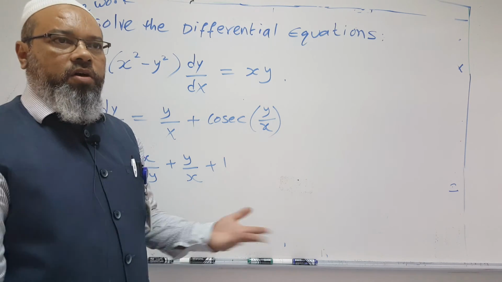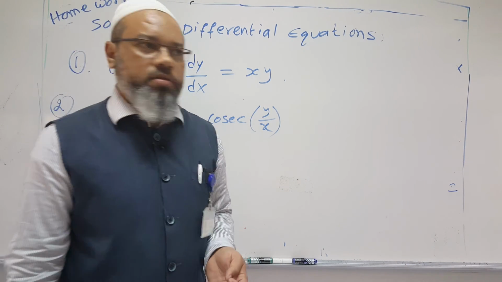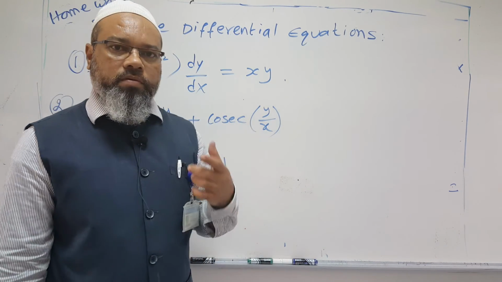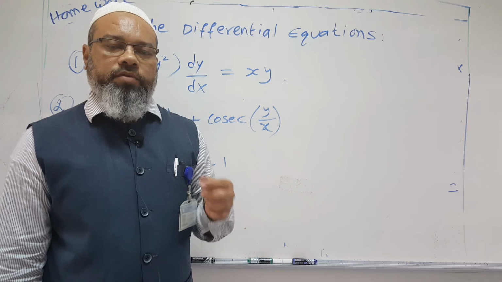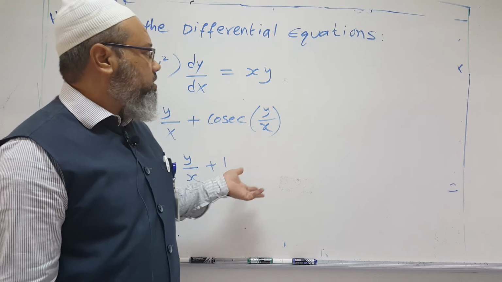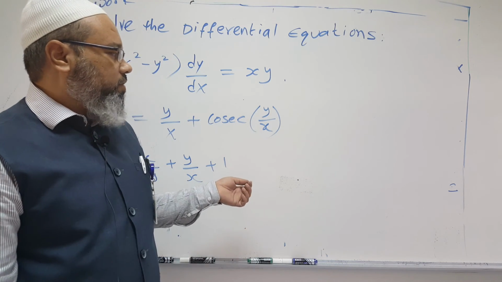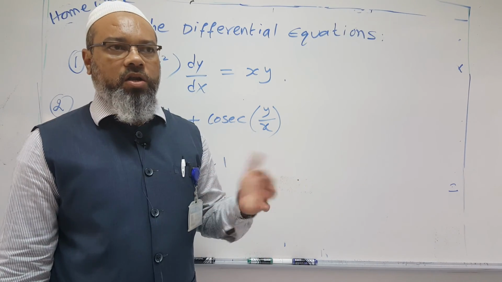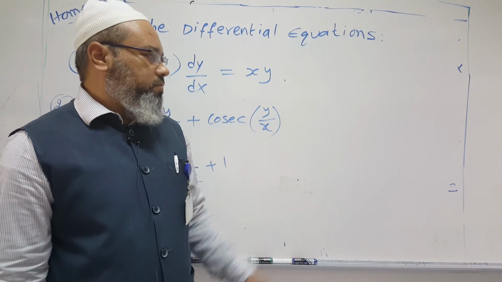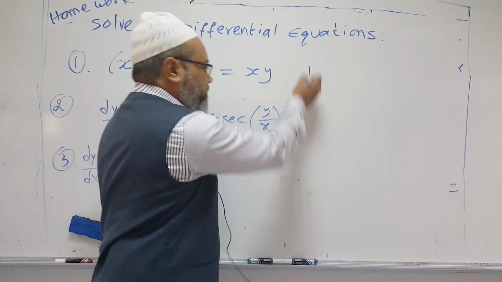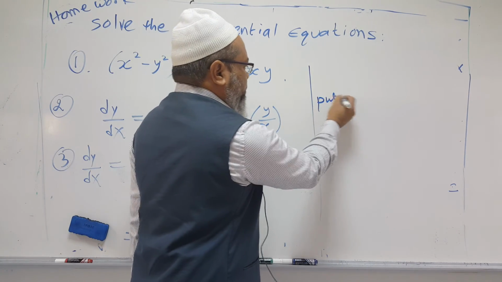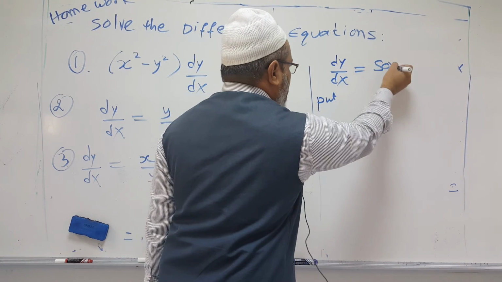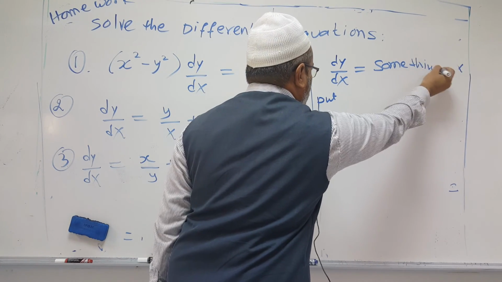So the review of this video lecture is, we solved only one method. Why did we learn only one method? That is the homogeneous differential equation. First we need to check the terms, whether all the terms are of the same degree or not. If all the terms are of the same degree, then we need to change the differential equation as dy by dx equals something.